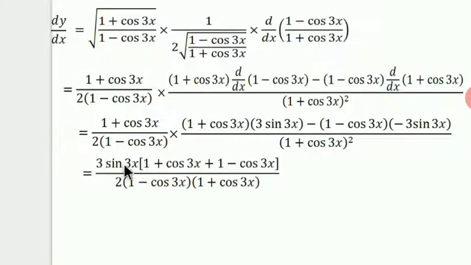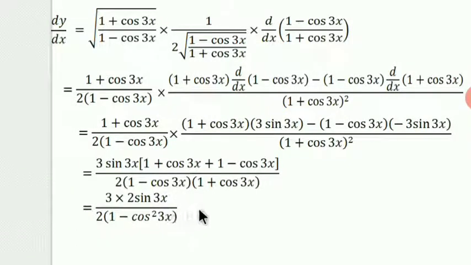So we get 2 into 3 is 6. So it is 6, or I write here 3 into 2 times sin 3x divided by 2 times, here I use formula for (a minus b) into (a plus b), it is a square minus b square. So 1 minus cos square 3x. Now these 2 get cancelled.